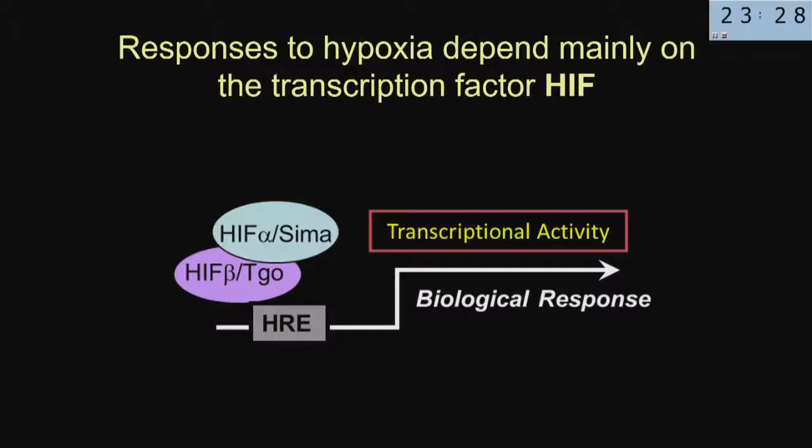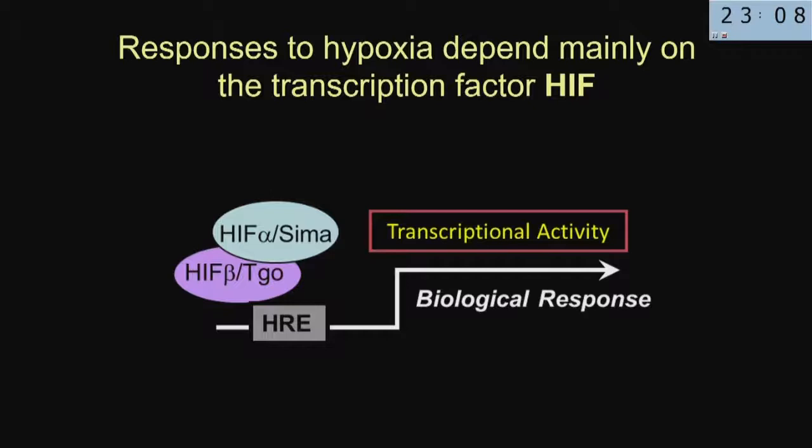It's a heterodimer of an alpha and a beta subunit that is widely conserved in evolution, in which the Drosophila homologs are a protein called Sima and Tango for the beta subunit.